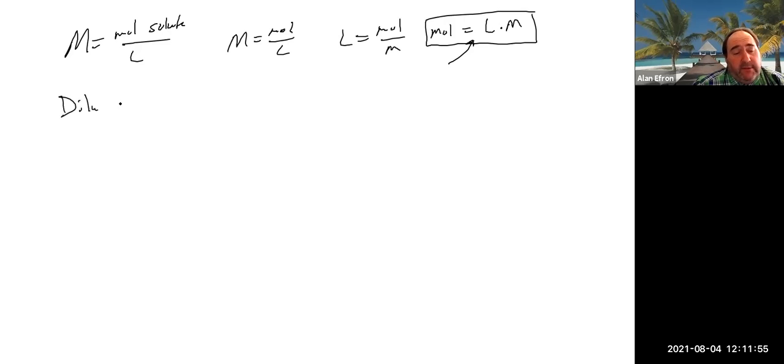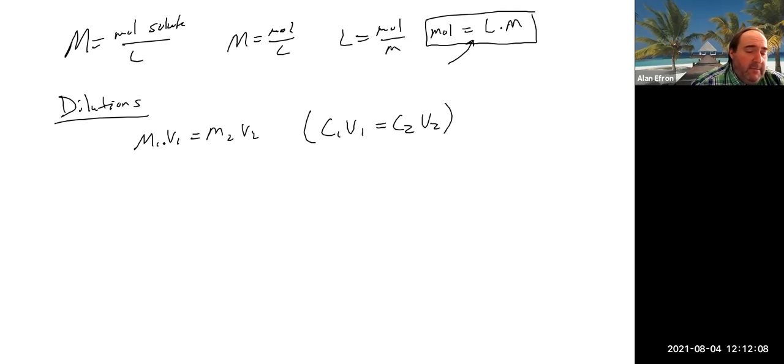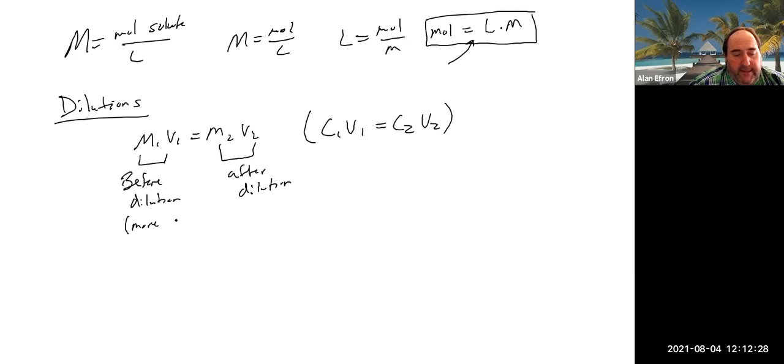We also talked about dilutions with solutions. That's where we could use M1V1 equals M2V2, or a more generic one, C1V1 equals C2V2. Molarity and volume before the dilution, and this is after the dilution, the more concentrated solution and the less concentrated.